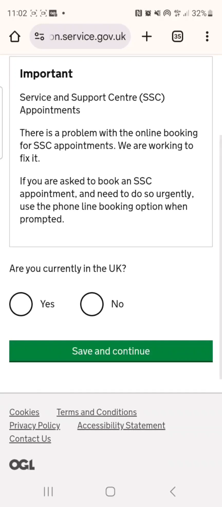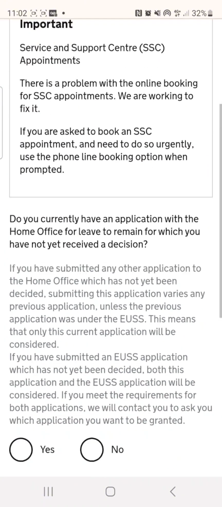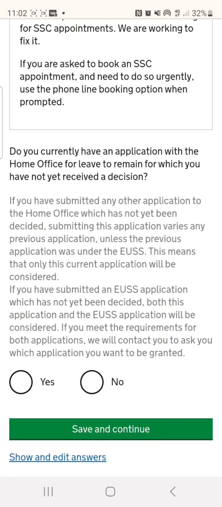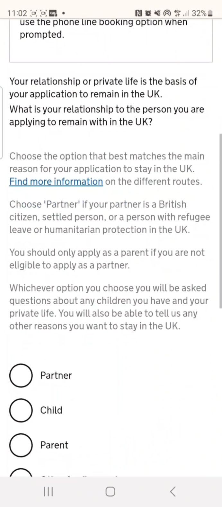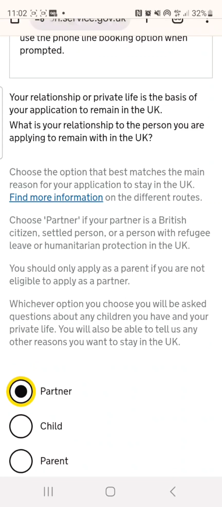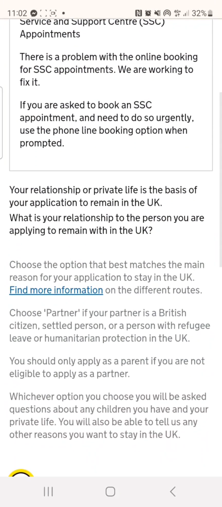Click apply now. First of all, it is asking the location. Are you currently in the UK? Yes. Do you currently have an application with the Home Office for leave to remain for which you have not yet received a decision? I don't have, so I choose no. Save and continue. Basics of your application: your relationship or private life.